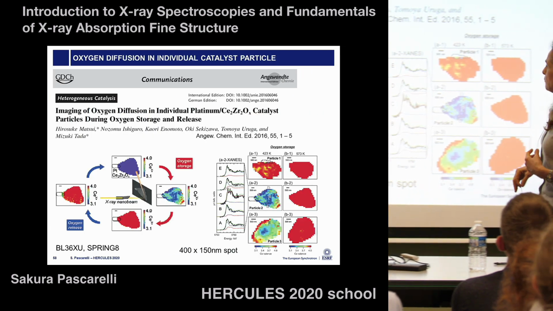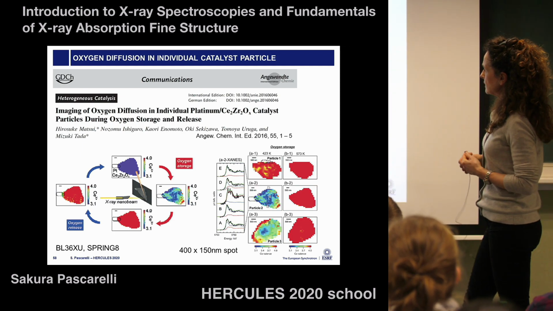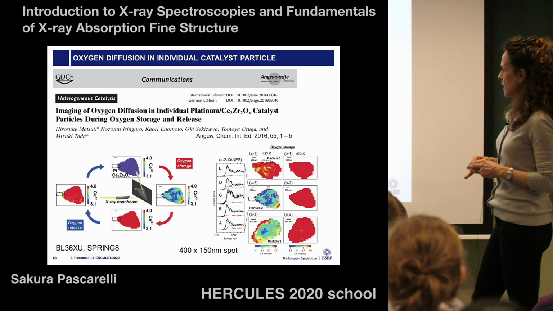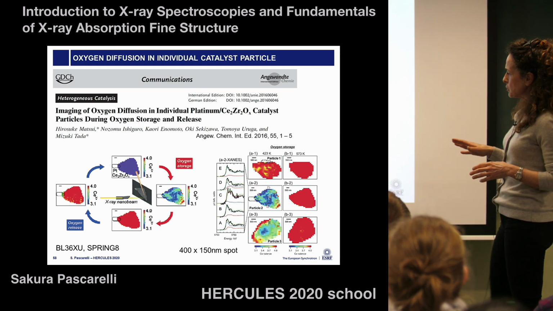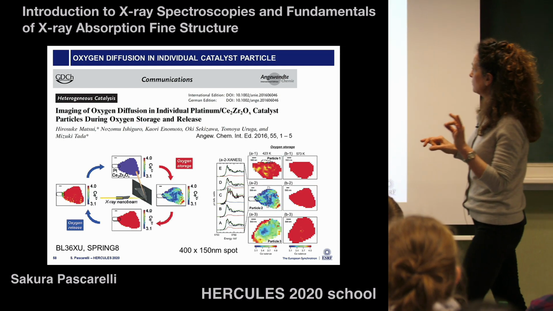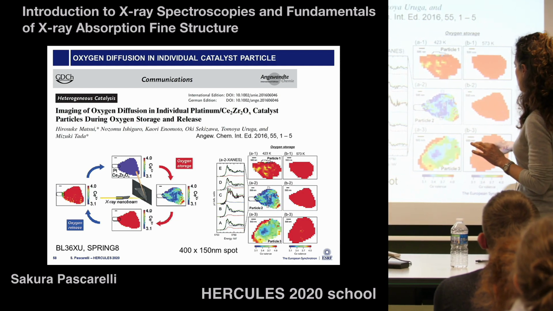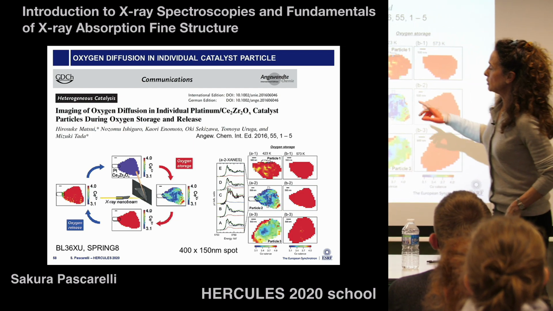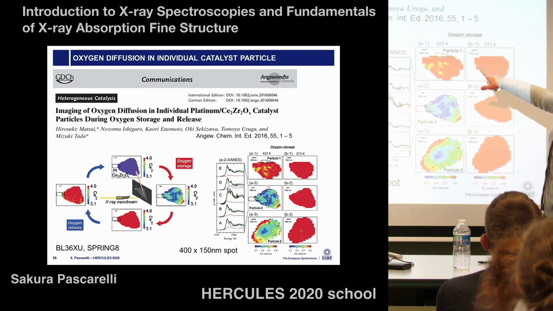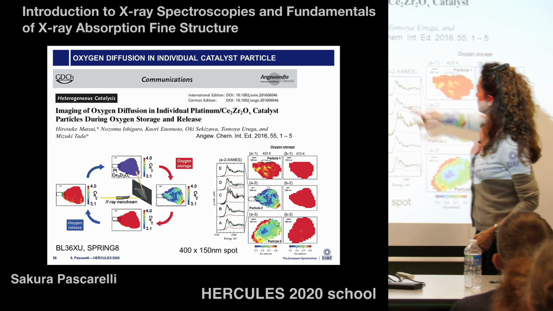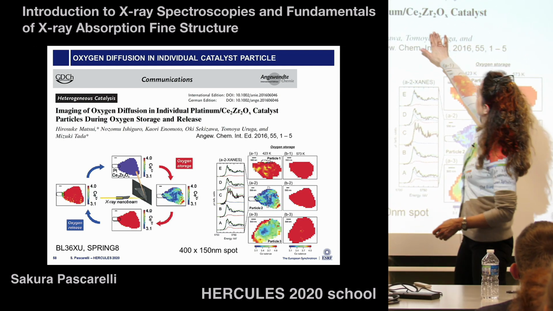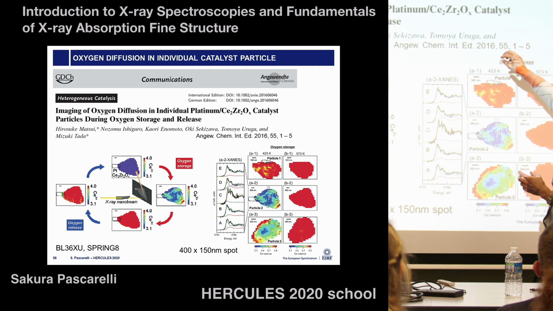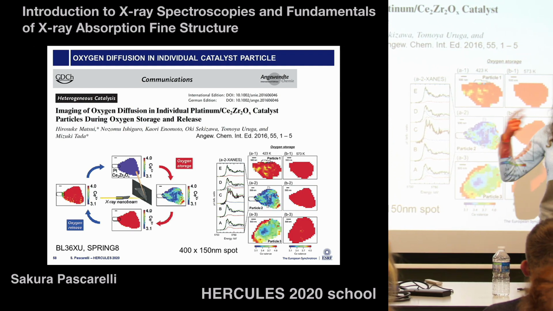This is another example, this is work done at SACLA, at SPring-8. I show this because they have a very small spot. So they have a few hundreds of nanometers. And they are able to look at the oxidation state of, I think this was cerium, in these little tiny particles as they undergo a catalytic cycle.